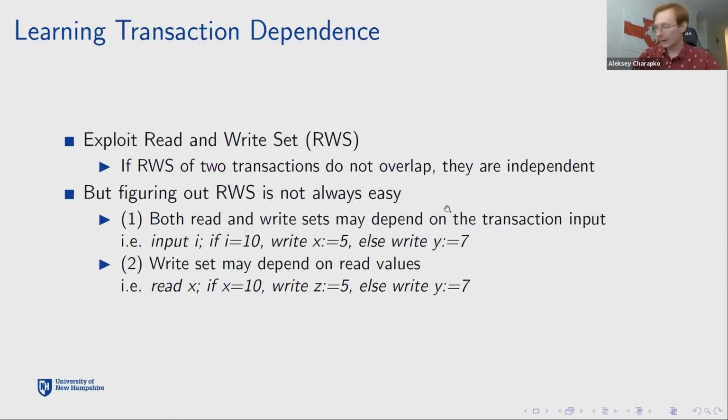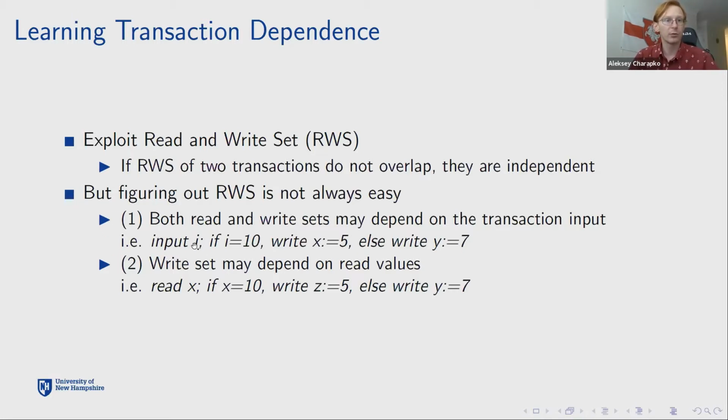As the paper states, figuring out these read and write sets is not always easy. If you have trivial transactions like in my example, that pretty much said read this and write this and that, then we have explicit read and write sets. But if we make things a little more complicated, it becomes not as trivial.